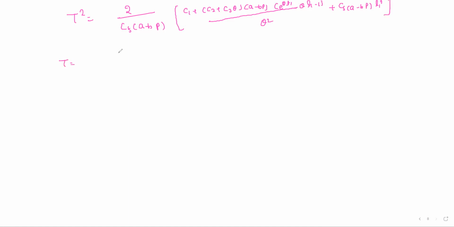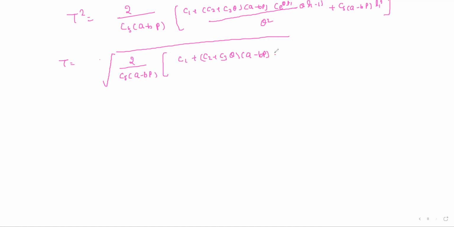So T will be square root of 2 upon Cs (A minus BP), C1 plus C2 plus C3 theta (A minus BP), e to the power theta T1 minus theta T1 minus 1 upon theta square, plus Cs (A minus BP) T1 square. So this is the value of T.